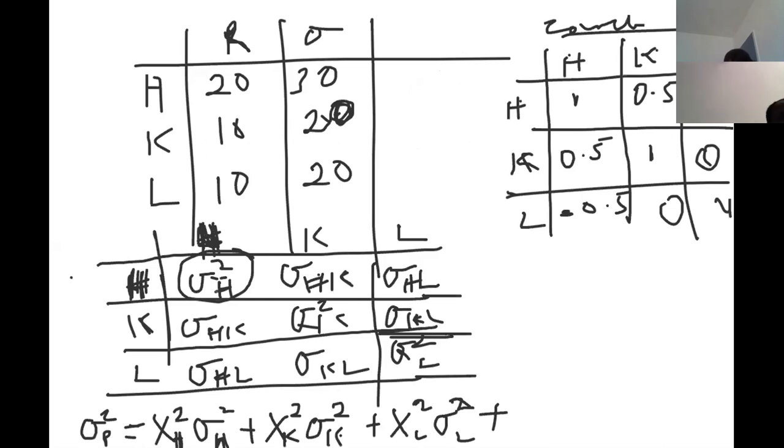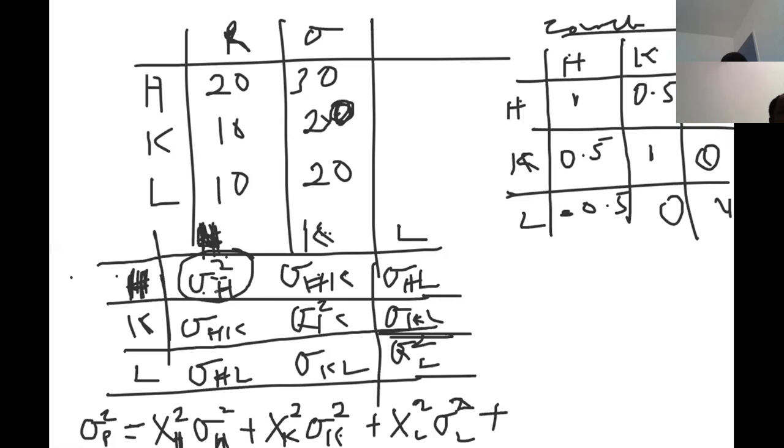Now when I look at this, H and K becomes HK. But HK appears twice. So it comes covariance of HK plus covariance of KH, which is this one.